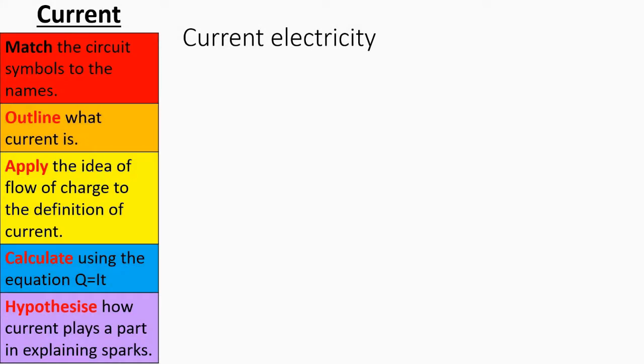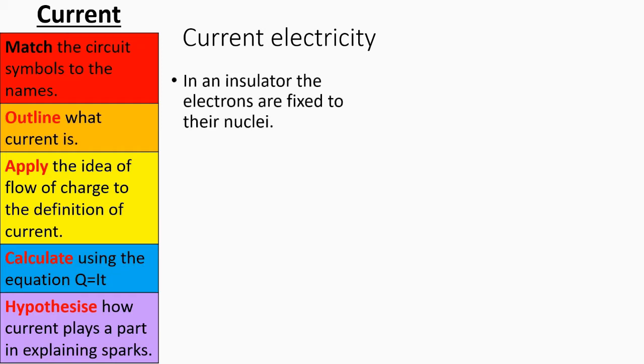Not all materials are able to transfer electrons in such an easy way. Let's take a look at comparing what insulators and conductors look like before we can refine our model a little bit further. In an insulator, the electrons are fixed to their nuclei, nuclei being the plural of nucleus.